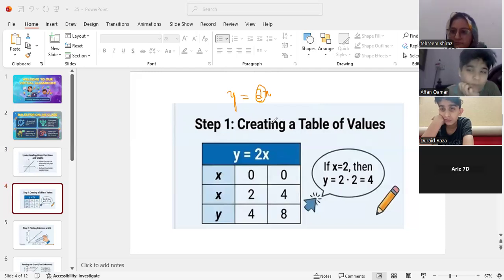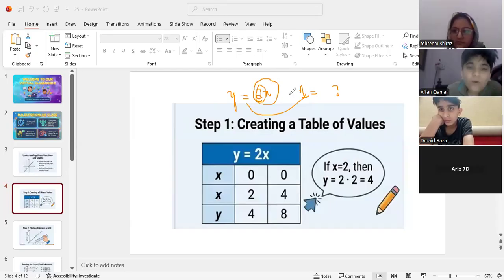Is this so? If I say that the value of y is 1, then what will be the value of x?